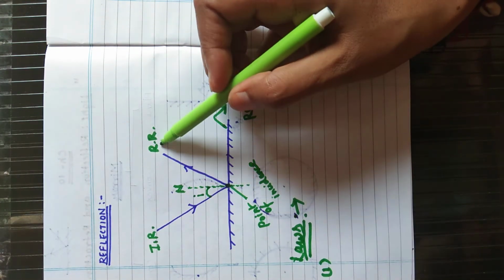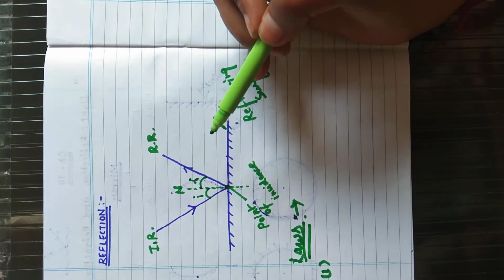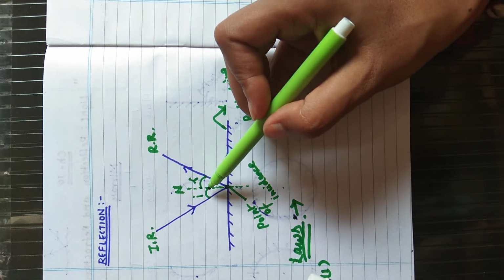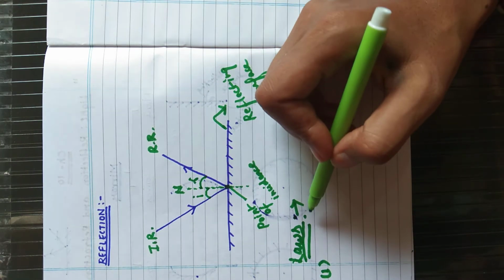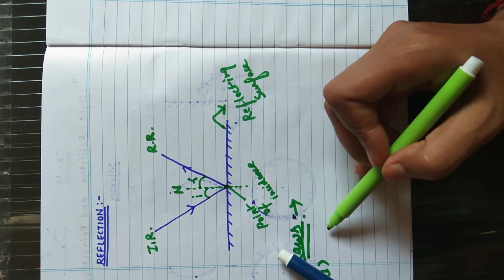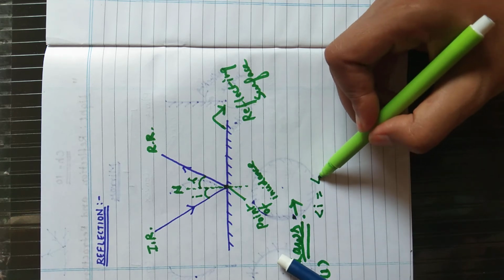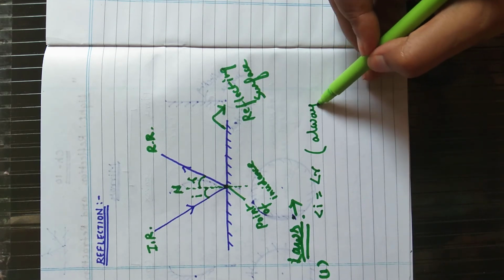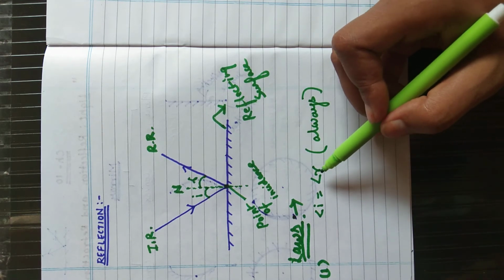The angle made by the reflected ray with the normal is called the angle of reflection, represented by small r. According to the first law of reflection, the angle of incidence is always equal to the angle of reflection.